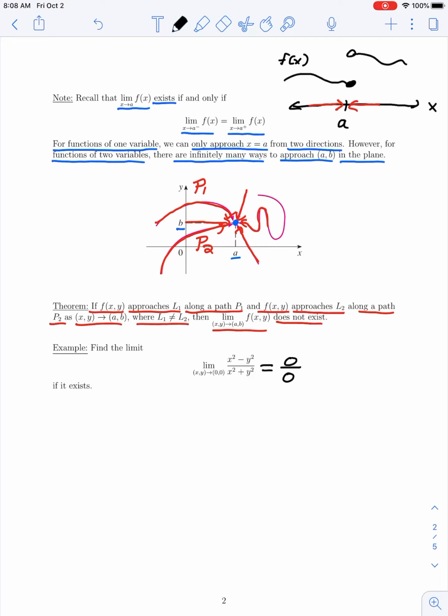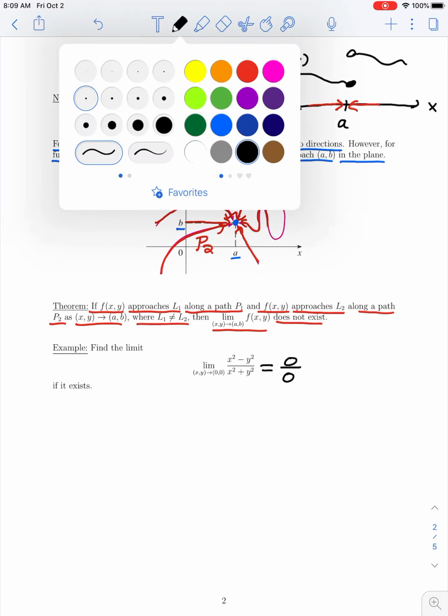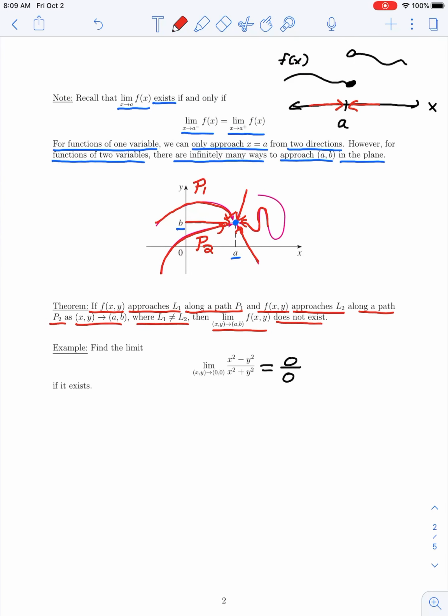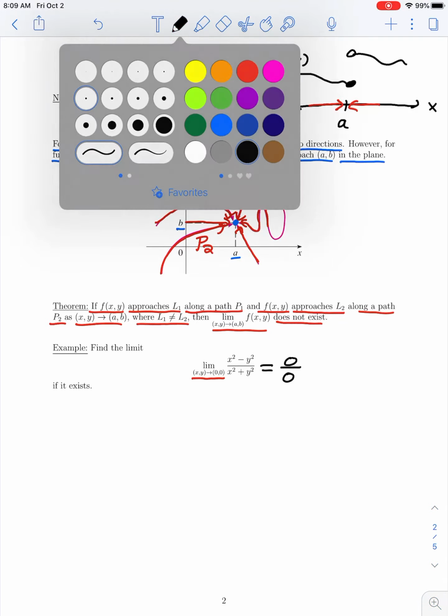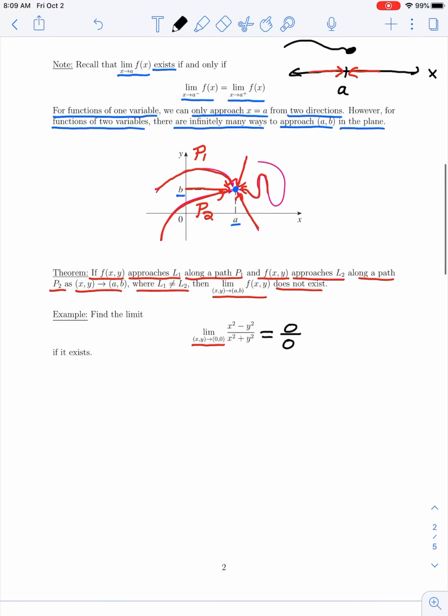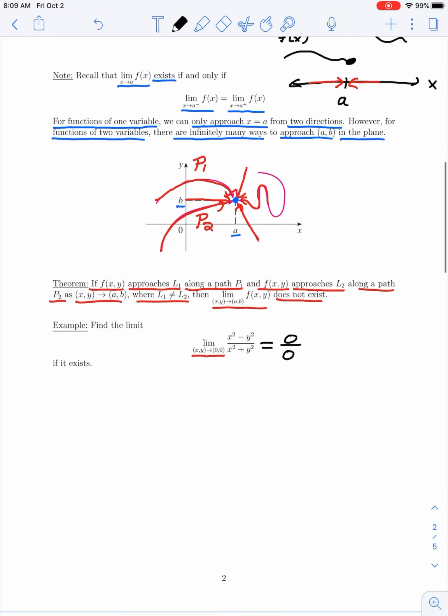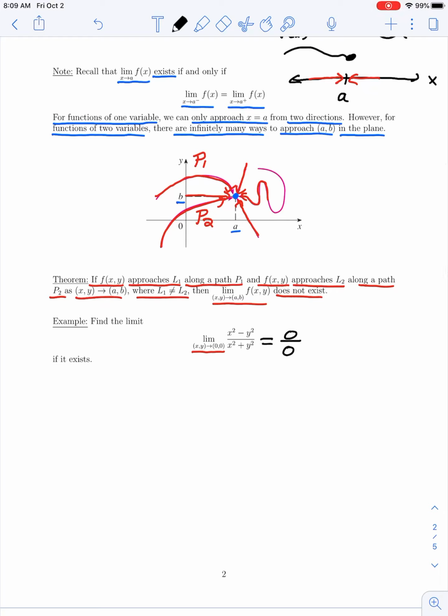So instead, let's consider taking the limit of this function along different paths in the xy plane, which would be approaching (0,0), or which contain the point (0,0). Typically, the easiest paths that we could consider passing through the origin would be the x or the y axes.